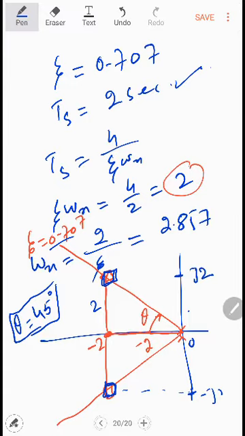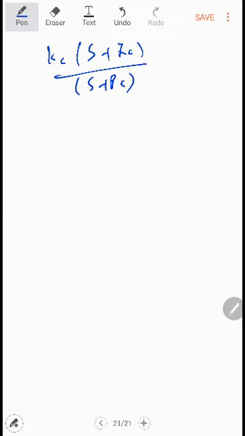So we have to add a controller, and that controller is the PD controller or the lead compensator, which is equal to Kc times S plus Zc divided by S plus Pc, added to the same system.